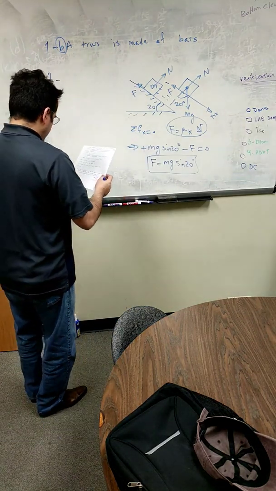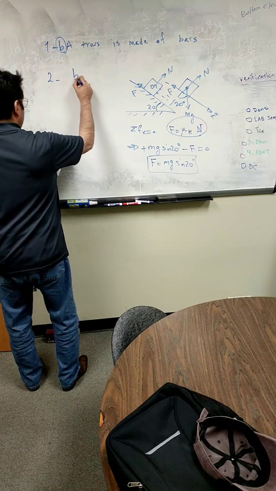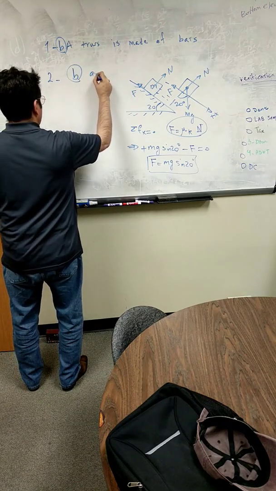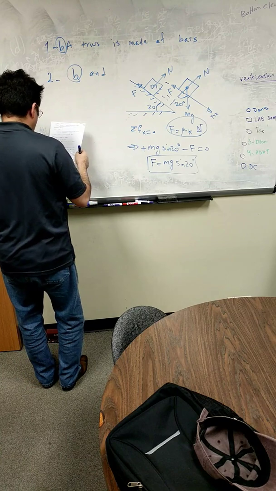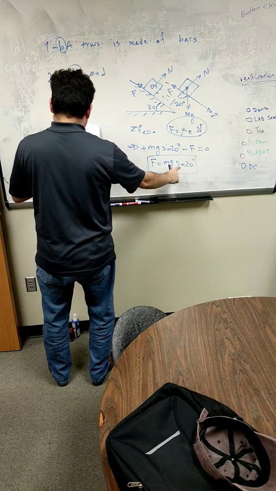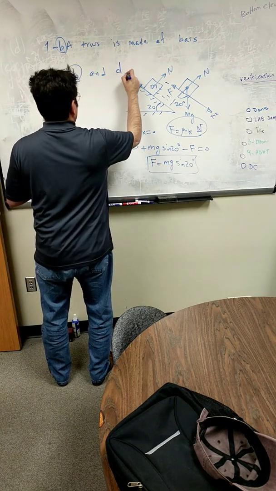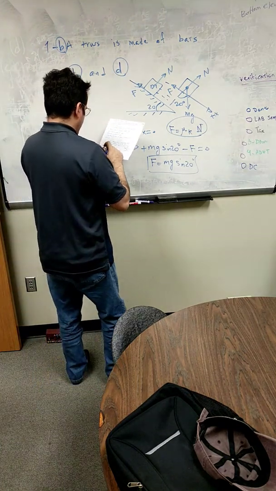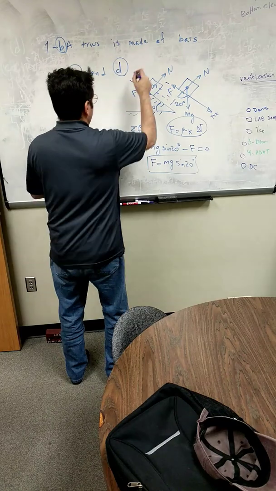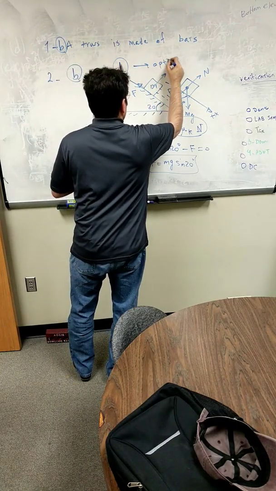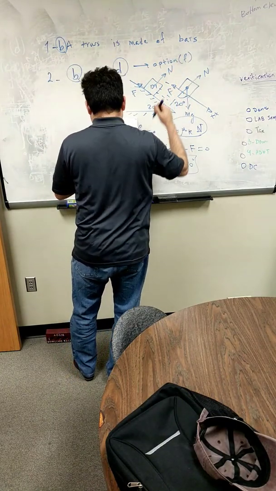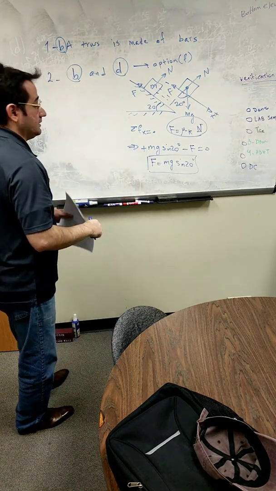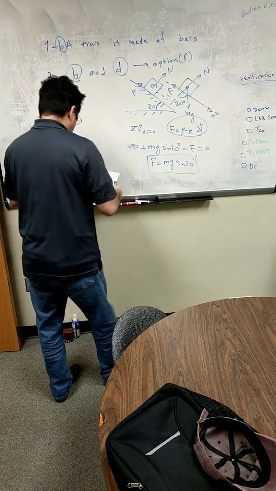So it's going to be B and D, which together is option F. Option F. B and D. And we go to the next question.